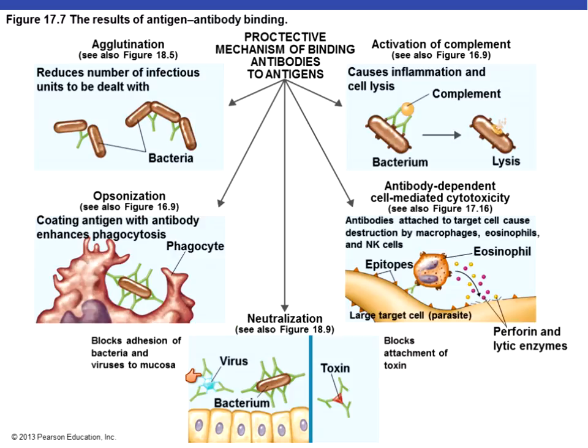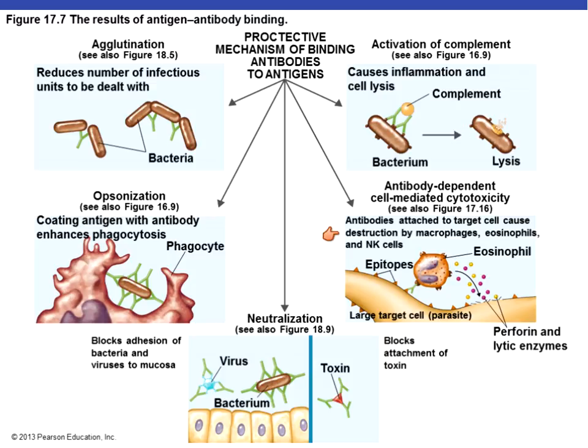And we have neutralization, which can keep the bacteria or the virus or the toxin from getting into the cell and causing damage. The activation of complement, this is also something we've seen from chapter 16, that if we have an antigen binding to the antibodies, then it's the classical mode of activating complement. It can also lead to lysis, more opsonization, or inflammation.